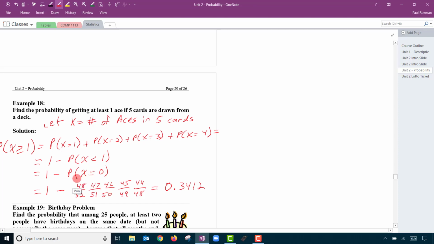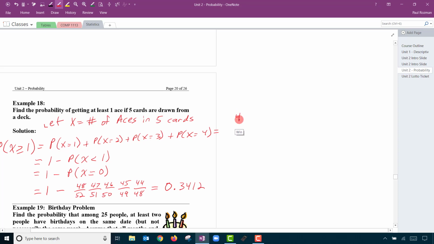The probability of exactly no aces is nice because there's only one way that we can arrange it. It's just they're all non-aces. But when you have one ace, then you have to consider when you get the ace. One way you could do this is to maybe use combinations.